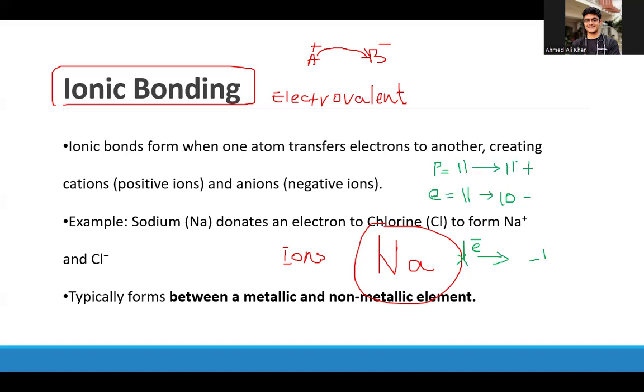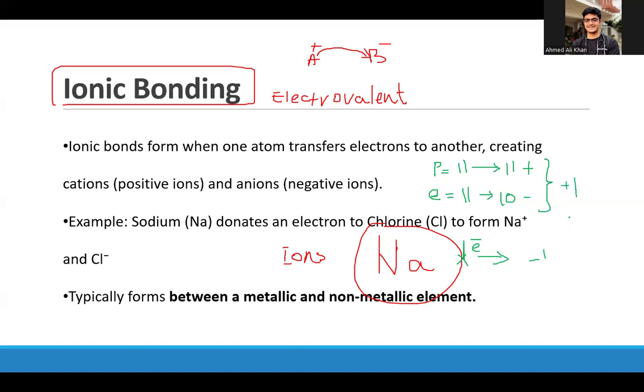So how many more positive charges does sodium have if it loses one electron? One, right? Only one.